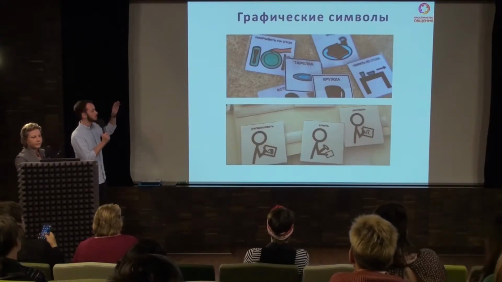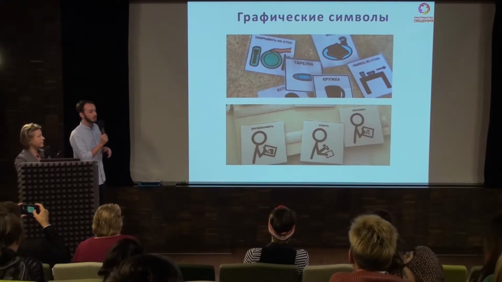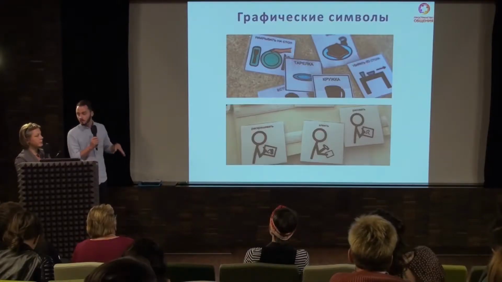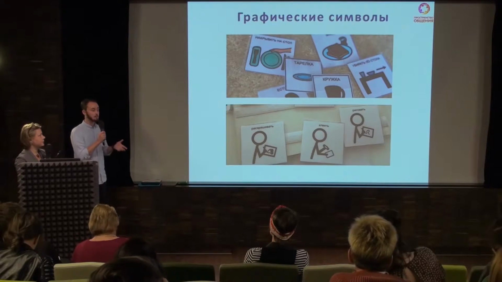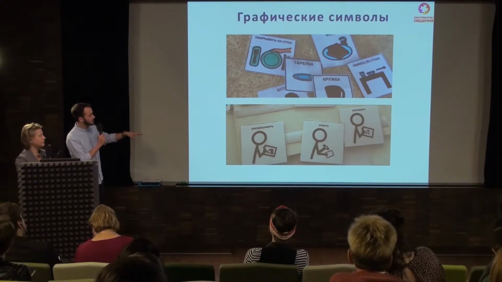Graphic symbols are more abstract than those. They can be divided into levels of abstraction. Simpler, colored pictures are on the photo above. They look like the items, and they are cards. So a person can hand this card in to ask for something, or create a sequence of them as a sentence. They can be even more abstract, as in the photo below. Here you see this stickman symbolizing a human person.